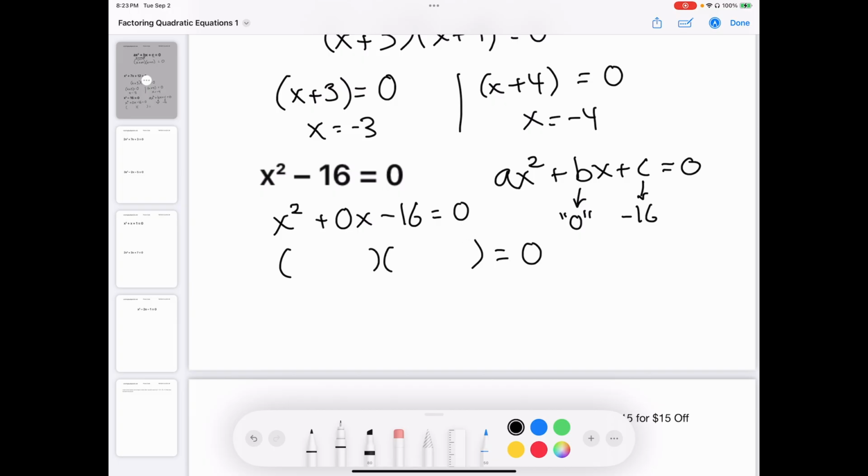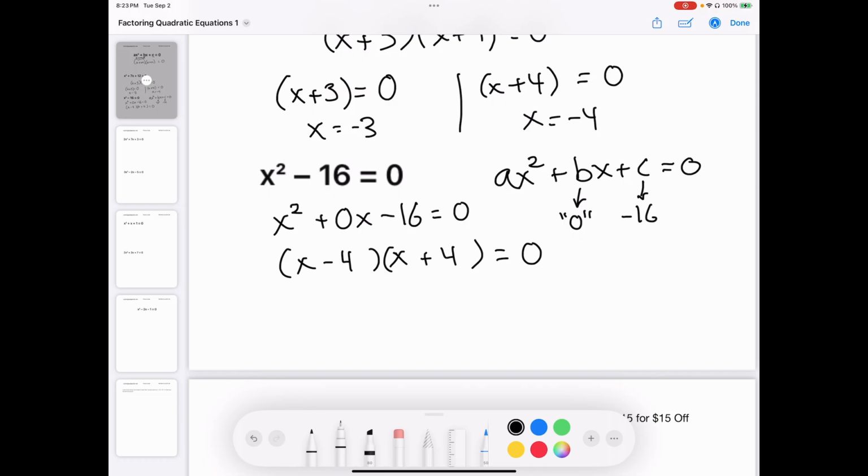We're looking for two numbers that when multiplied give you negative 16, and when added give you 0. Those two numbers will be negative 4 and positive 4. Negative 4 times positive 4 gives negative 16, and negative 4 plus 4 equals 0.